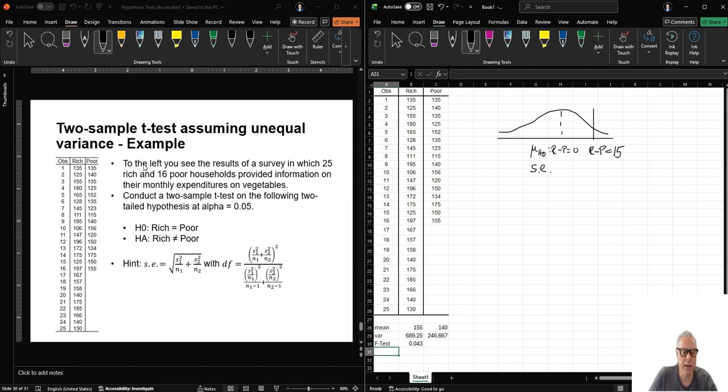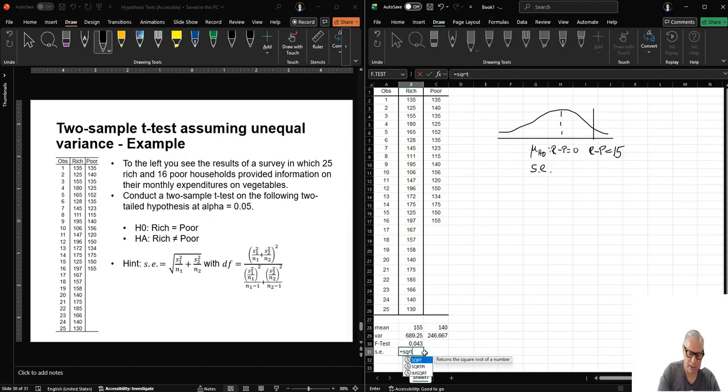The formula for a two-sample t-test assuming unequal variance is actually a little bit easier than when we have equal variance, because we don't need a pooled variance.